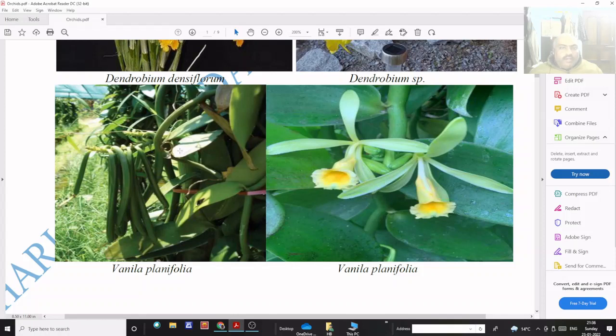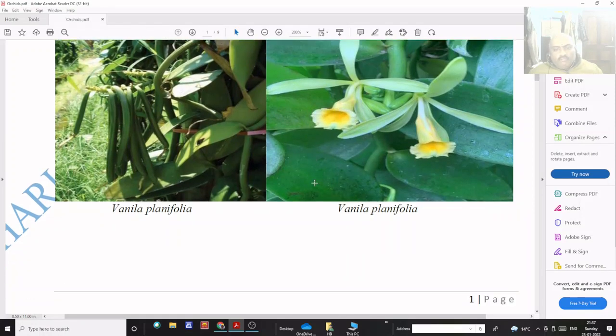You might be wondering that this bean is the main source of vanilla essence, which we use for flavoring various confectionery items, ice creams, etc. in our day-to-day life.